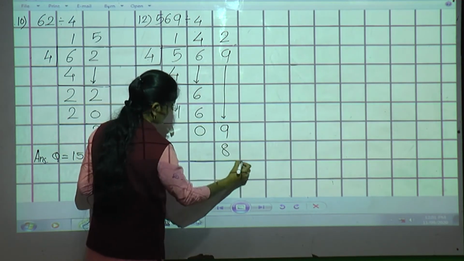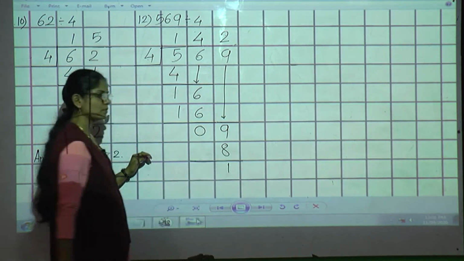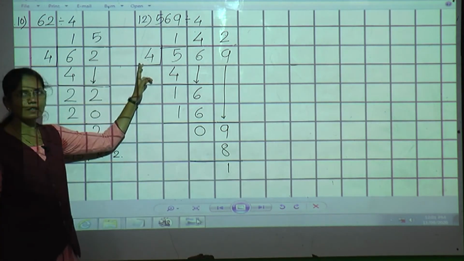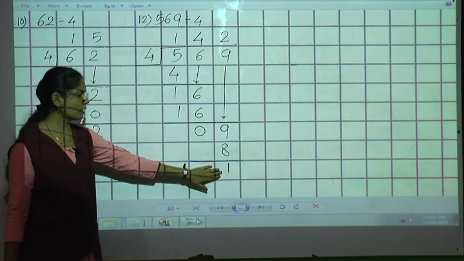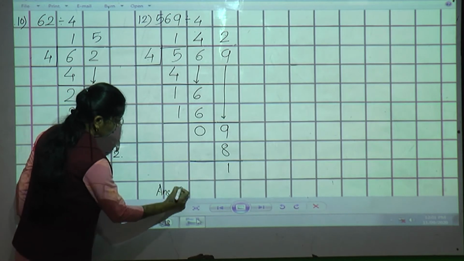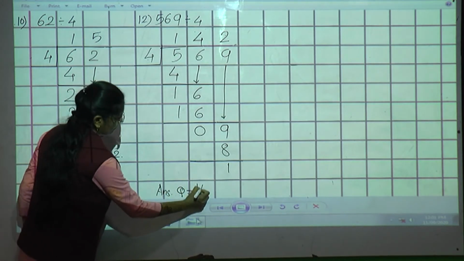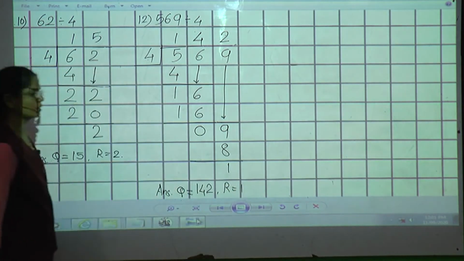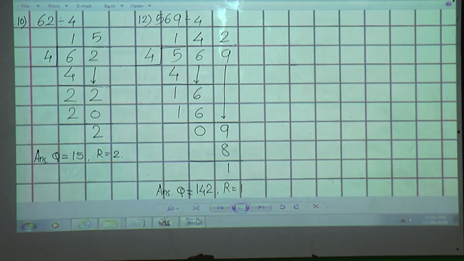Now 9 minus 8, 1. Now this is the remainder, because 1 is smaller than 4. So here you should write the answer, that is Q is equal to 142 and R is equal to 1. In this way you can solve this example.